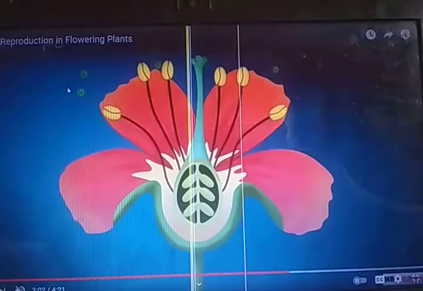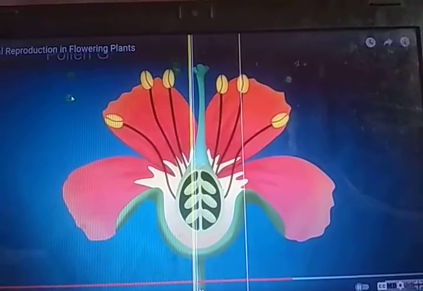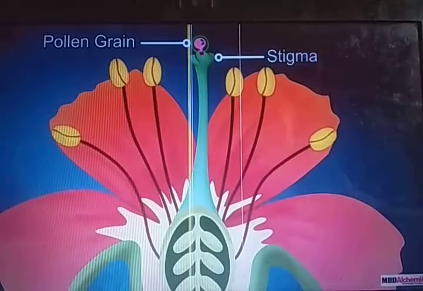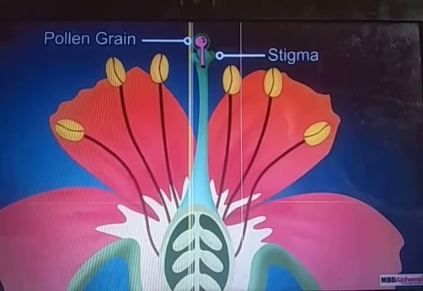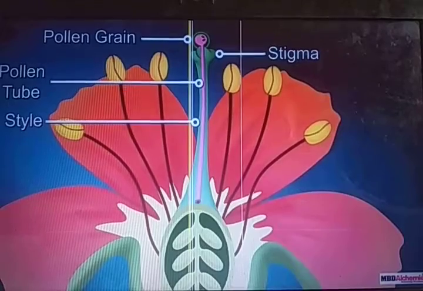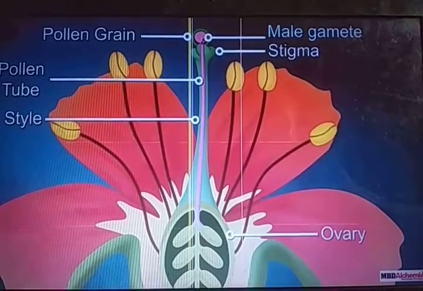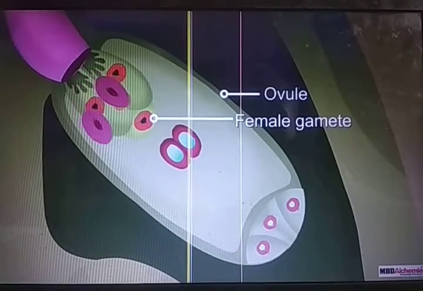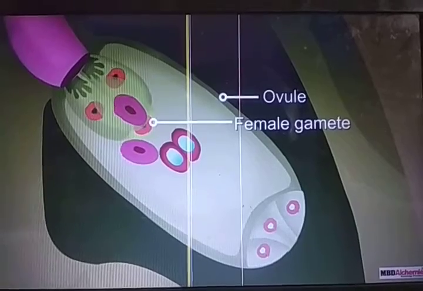And what do you understand by the term fertilization? After reaching the stigma, the pollen grain travels down through the pollen tube via the style and reaches the ovary. When it reaches the ovary, the ovule meets with the female gamete. You can see here, watch carefully.